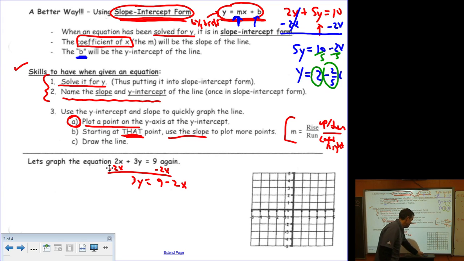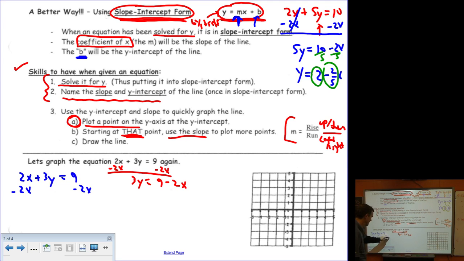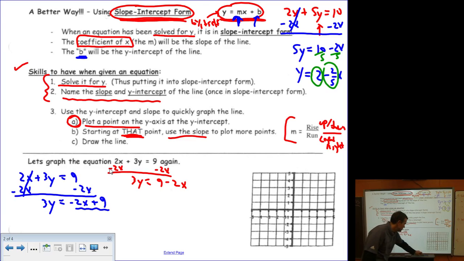Now, some people, when they subtract the 2x, like to write it in a certain order. The 9 and the minus 2x are not like terms. You can't combine them, but you could put them in either order that you wanted. Some people would like you to put the x term first and the positive 9 second, because that's the way slope-intercept form looks, mx plus b.